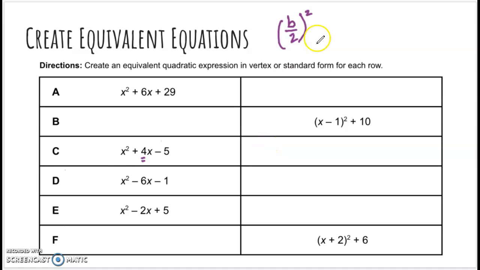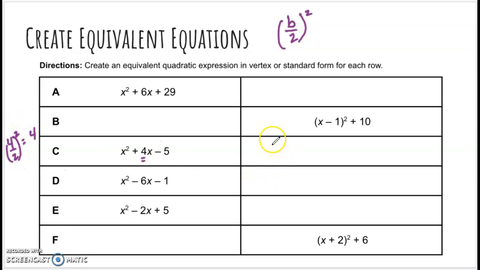So for example, if I wanted to convert this, the magic number that I want to add is going to be 4 divided by 2 and then squared. 4 divided by 2 is 2, and 2 squared is 4.